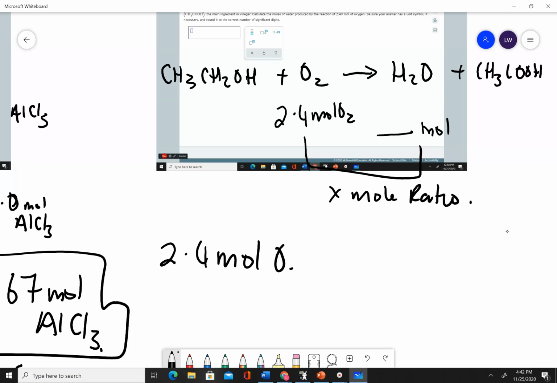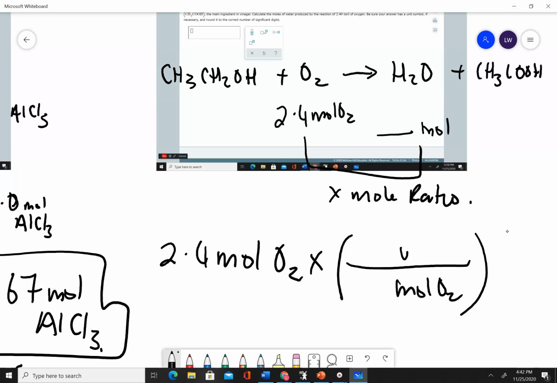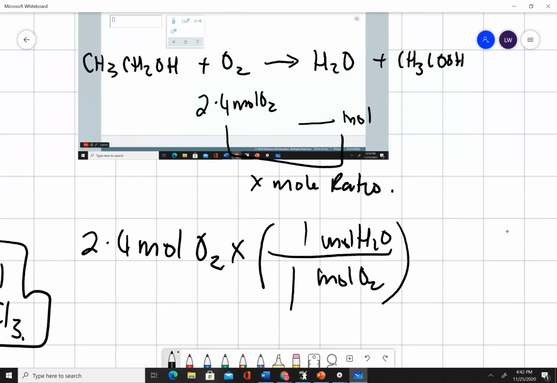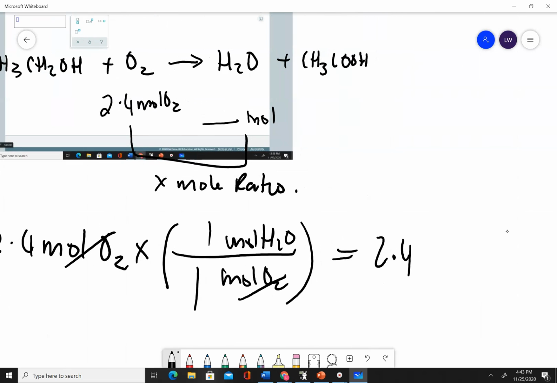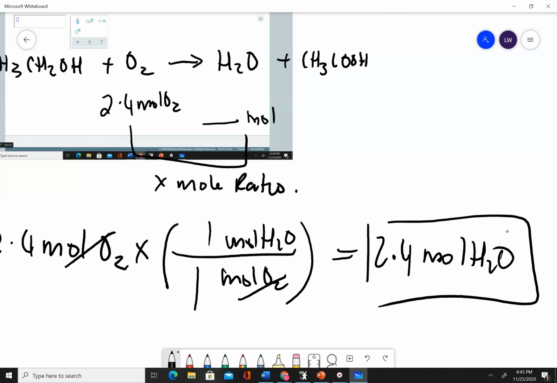So 2.4 mole of O2, I'm going to multiply it by the mole ratio that has mole of O2 on the bottom and mole of H2O on the top. According to our balanced equation, we get 1 mole of H2O for every 1 mole of oxygen. So what am I left with? 2.4 mole of H2O. There we go.